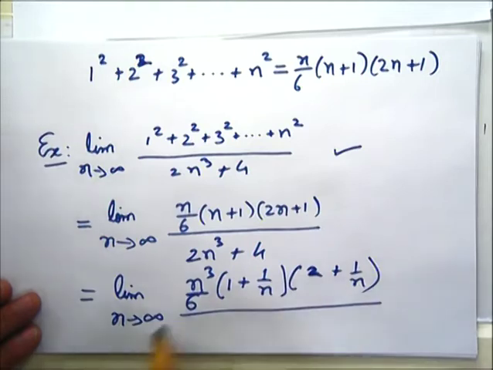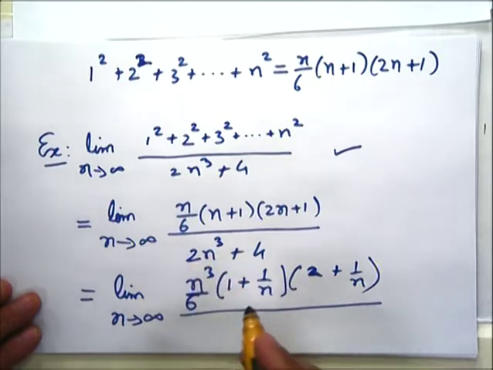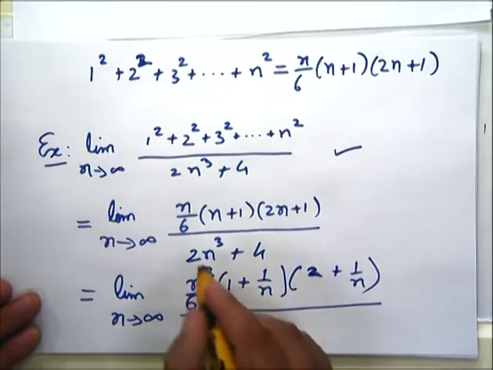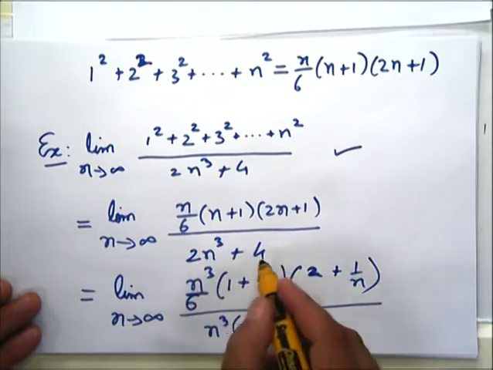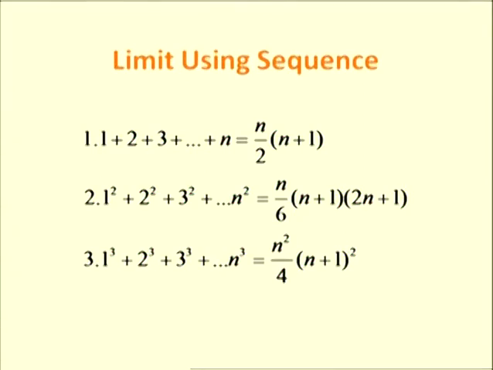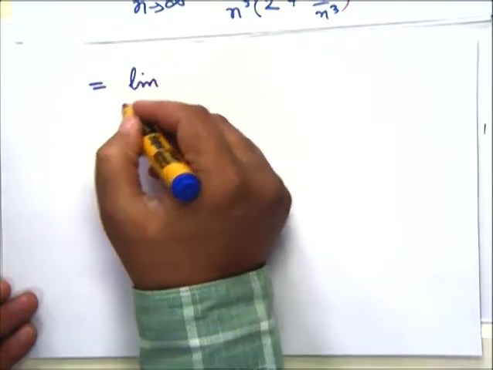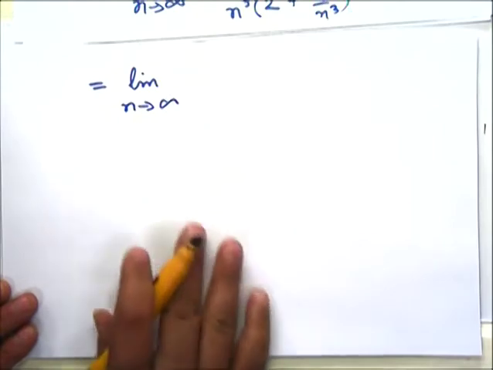Upon, again we are using n cube here, and we want it out of this bracket, so n cube. So this will be just 2, and plus 4, there is no n, so we will have to divide by n cube. So that is equal to limit n tends to infinity.